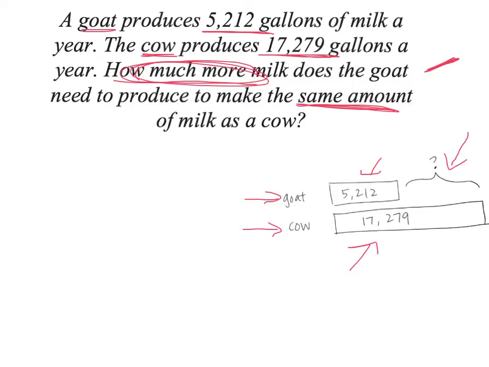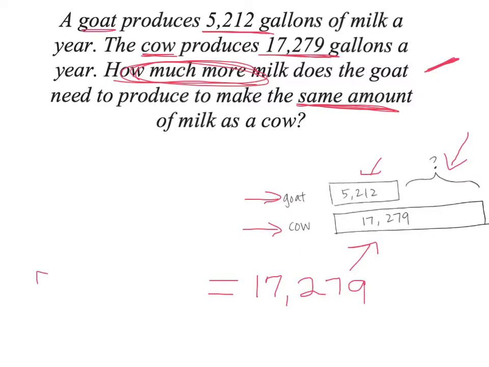The equation can look a couple of different ways. So we're going to do one that kind of matches the problem, which would be that we know that we want everything to equal the same amount, and we know the same amount is going to be 17,279.